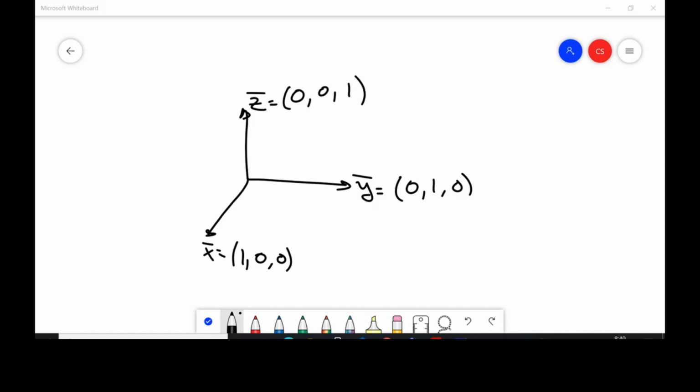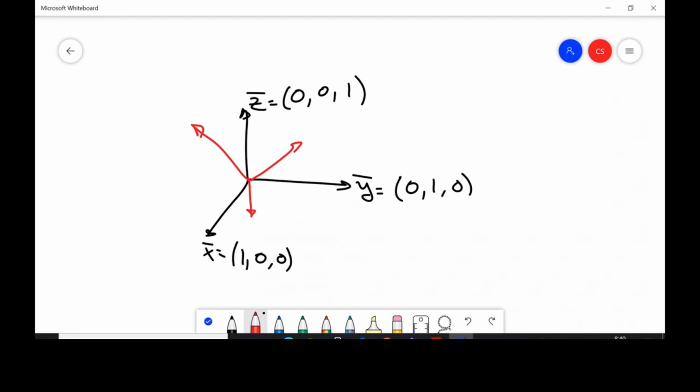But these coordinates are in the x, y, z coordinate system. If I change my coordinate system, and now I have, for instance, this other coordinate system, then the coordinates of the x, y, z vectors are different numbers. Okay, so it depends on your basis for the vector space.